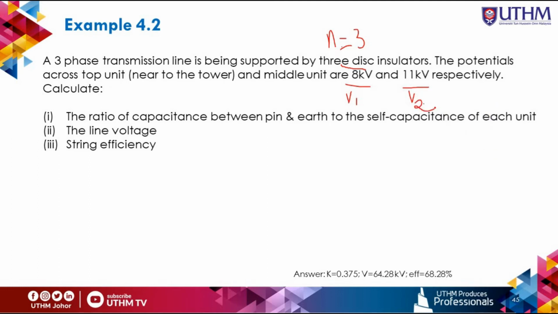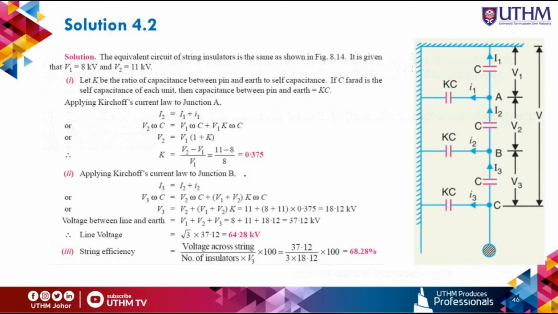Calculate the ratio of the capacitance between pin and earth to the self-capacitance of each unit, which means that you have to calculate K, and then the line voltage, V line, and also the string efficiency. This is the solution for example 4.2.